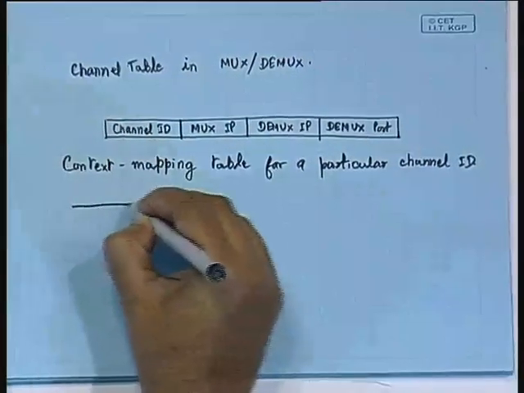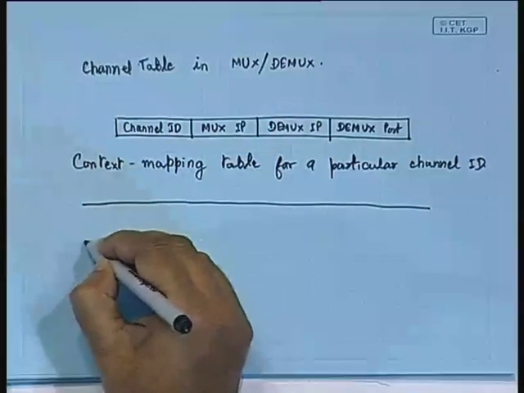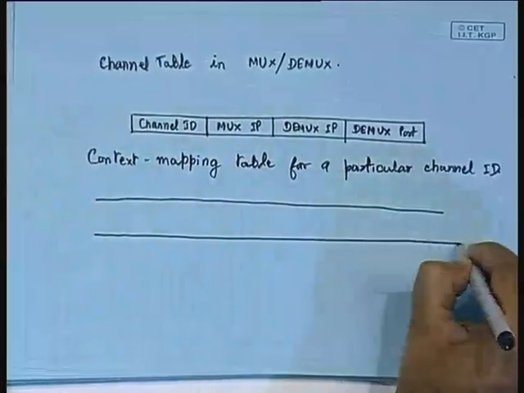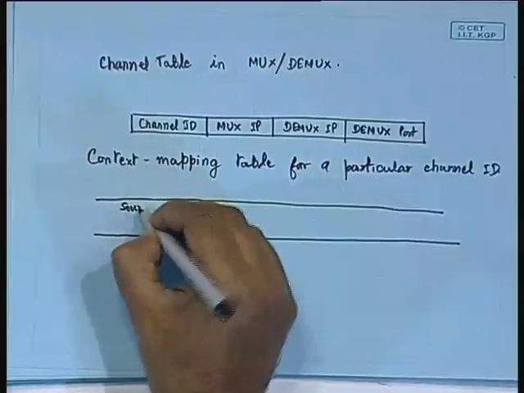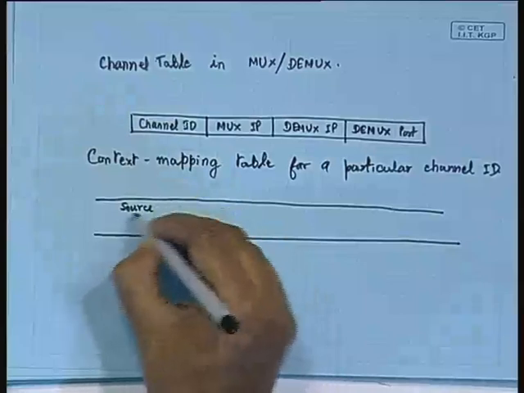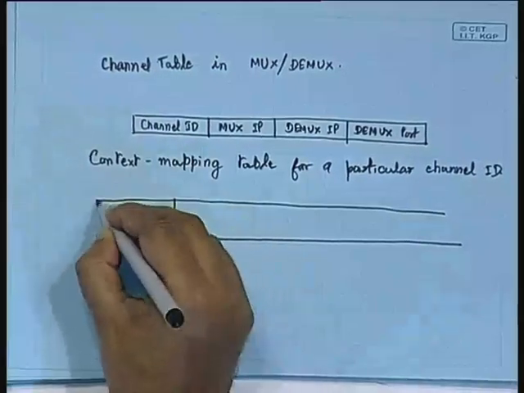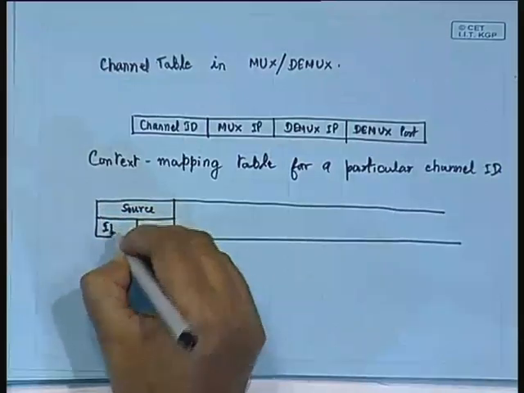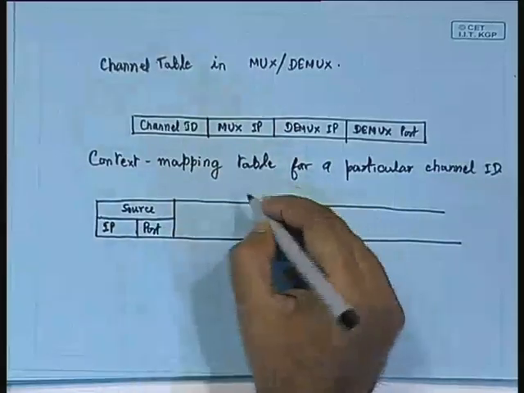For a particular channel ID, we are going to have the format like this: first will be the source information. Now, the source information will have two components, one is the IP and the other is the port address.